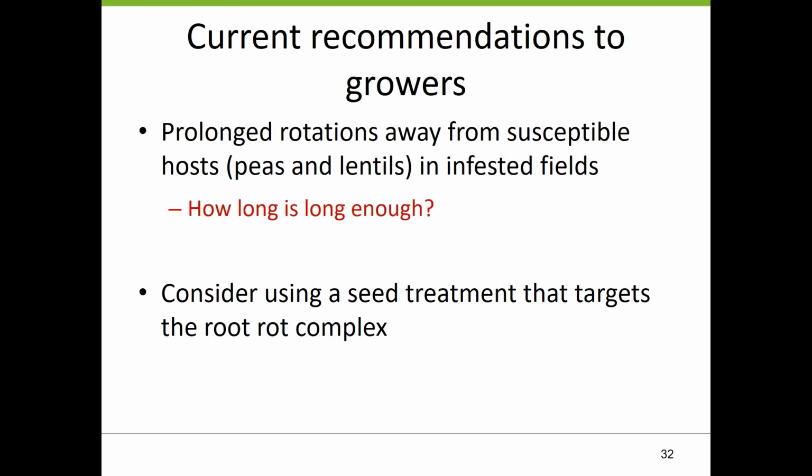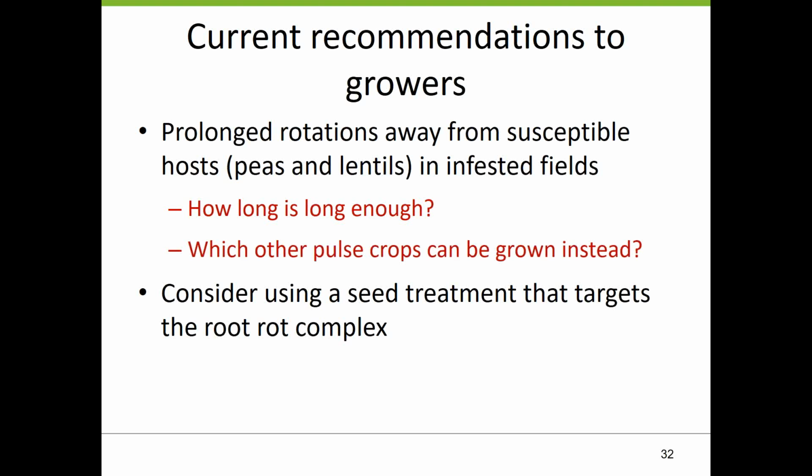Some of the questions that come out of these recommendations then is, well, how long is long enough? I think we often say 6 to 8 years, but that is maybe a bit of a guess based on what they found in other areas, not necessarily fitting in with our prairie conditions. And then the other question is, if you're taking peas and lentils out of a rotation, can we add other pulse crops there that can be grown instead that won't contribute to the problem?